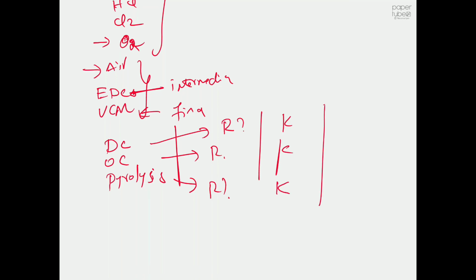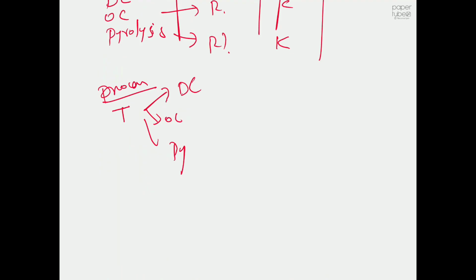Pay attention to the units, what is expressed in joules, in kilomoles, in seconds, and so on. Then take note of the process conditions: the temperature for direct chlorination, oxychlorination, and pyrolysis, and the pressure for oxychlorination, direct chlorination, and the pressure we need to maintain in the pyrolysis chamber.